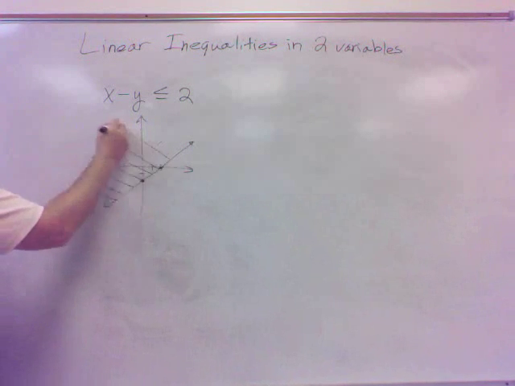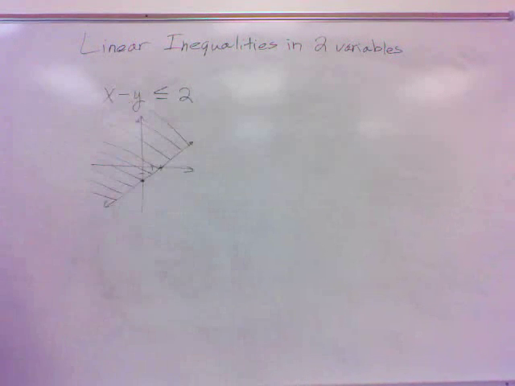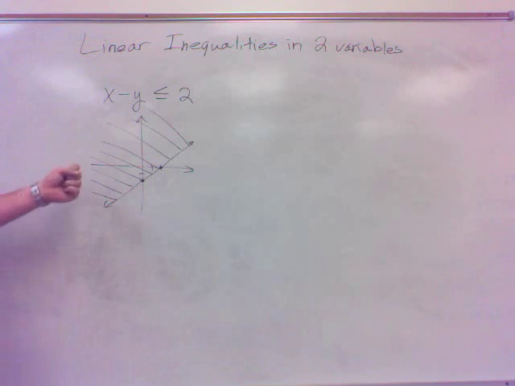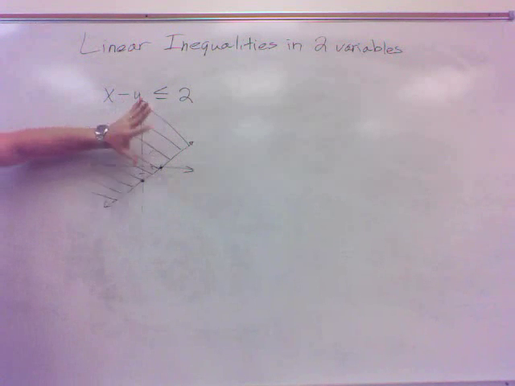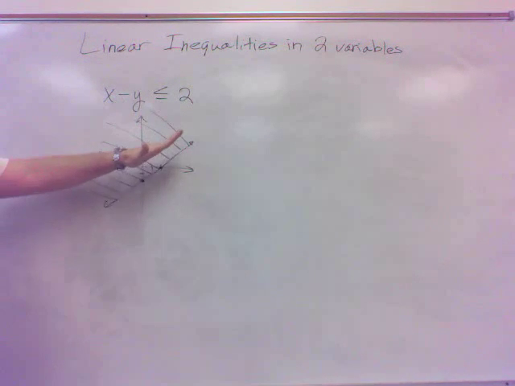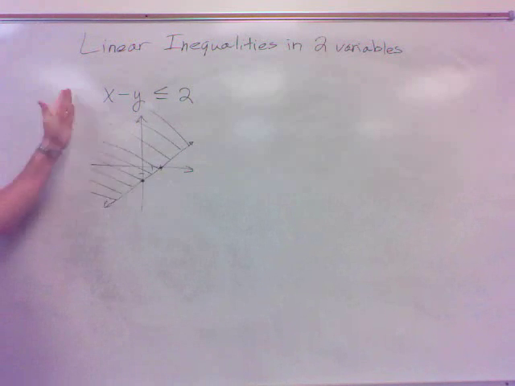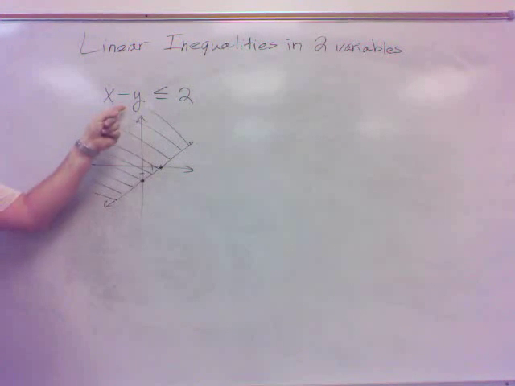The inequality part adds a lot more points. What we're saying here is that instead of just points on the line working, any point above the line also works in that inequality.